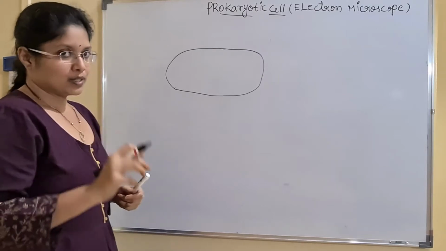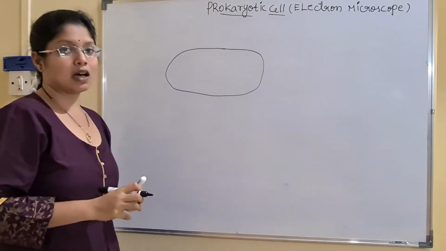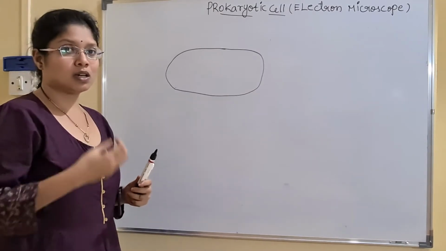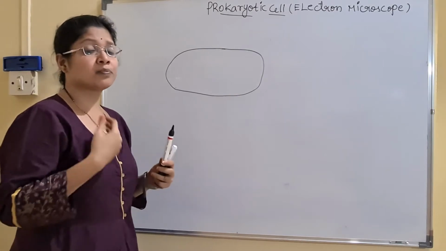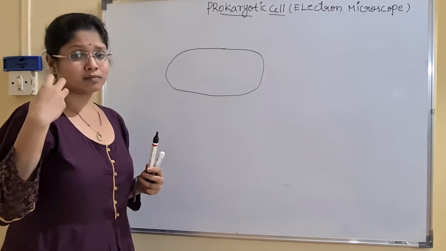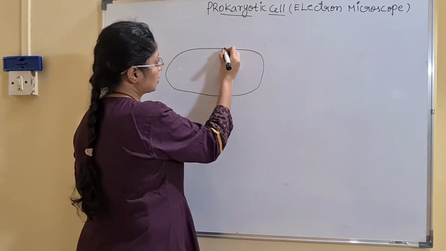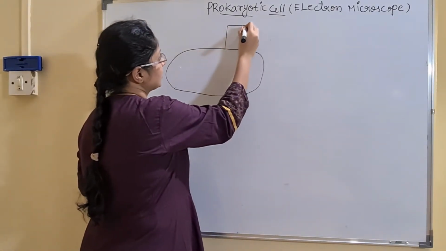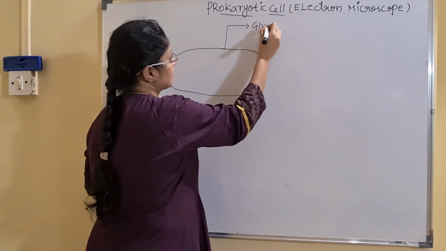What is the outermost layer of the bacterial cell? So all these terms are new. So you have to learn by heart, you have to learn repetitively, then only you can memorize it. Okay. So the first and outermost layer of the bacterial cell is known as glycocalyx.